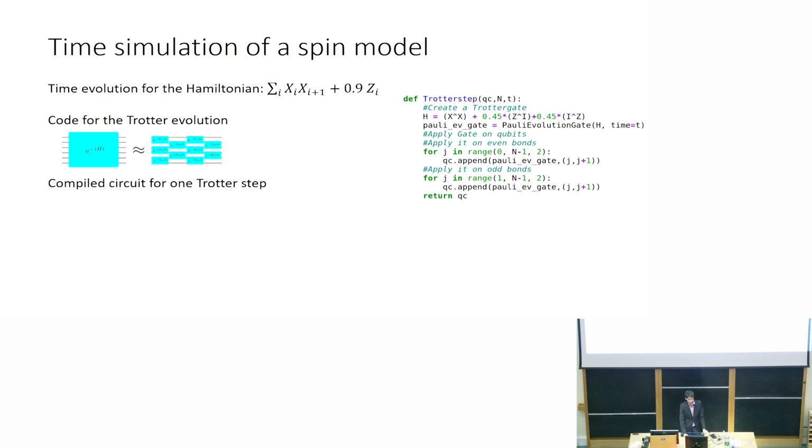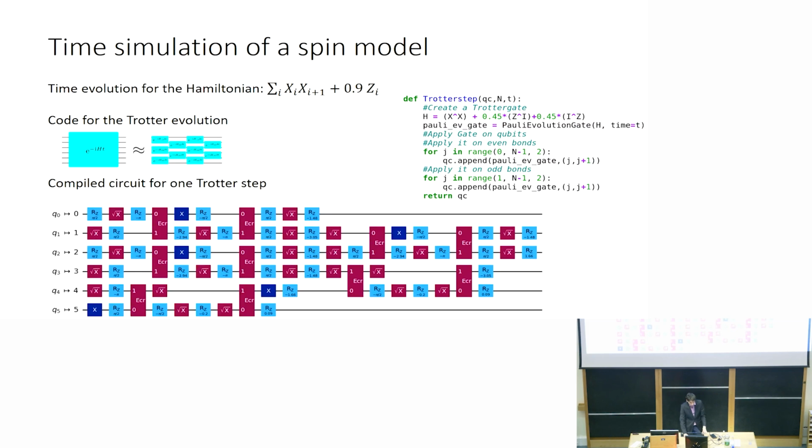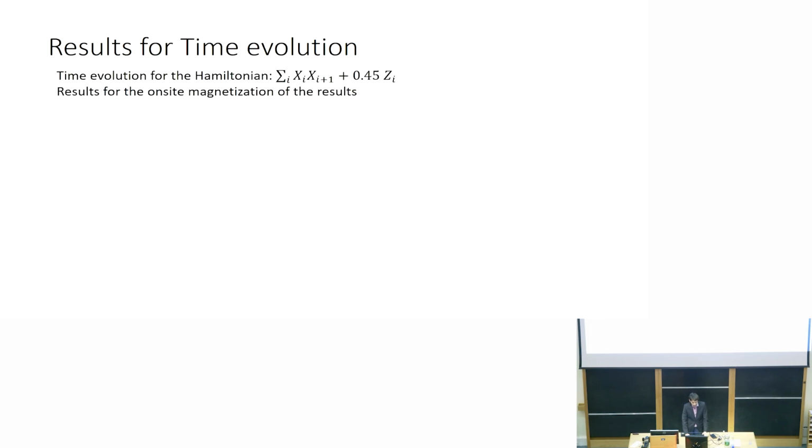So I can show again, when you want to consider one of these Trotter steps for 6 qubits, it looks like this. I mean, it's a bit more complex than before, but when you look closely at this, then this red box corresponds to one Trotter step, which I have implemented, and the rest is done by Anton Speiler. Now you can again compare the time evolution as I have done before.